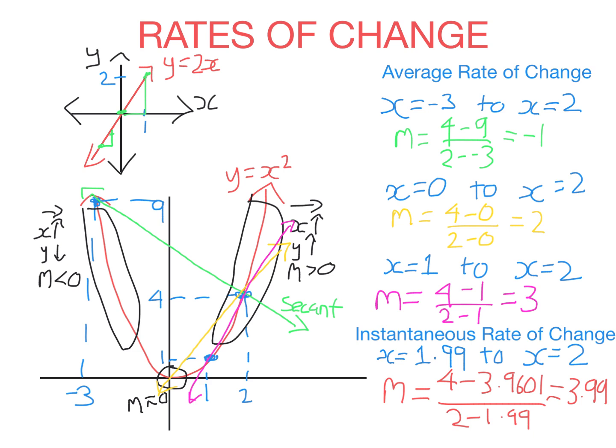Because of these points where x is 1.99, which is about there, if we draw a line between those 2 points, it's starting to look more and more like a tangent, like a line that only hits the curve once. So tangents are lines that hit the curve once, secants hit the curve twice. So the instantaneous rate of change is basically the gradient of a line that is a tangent to the curve at that point.